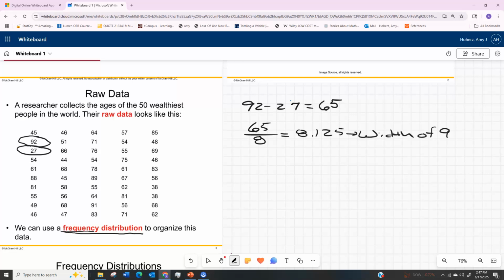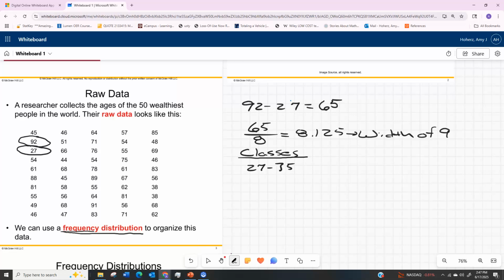Okay, so our starting value is 27. I'm just going to recreate what they did. So here are the classes. We're going to start with 27 and we want a width of 9, which means we want 9 values that will go into there. So if you count 27, 28, 29, 30, 31, 32, 33, 34, 35, that's 9 numbers.